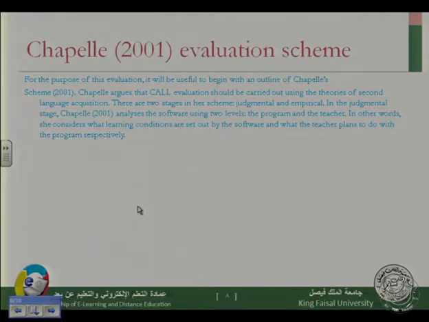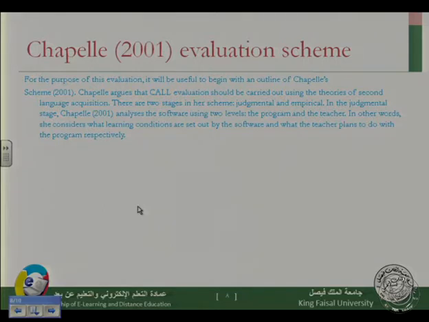There are two stages in her scheme, judgmental and empirical. Judgmental means that you take the software and evaluate it by your own judgment. From your experience as teachers, and from asking other experts, you judge the evaluation before you use it.